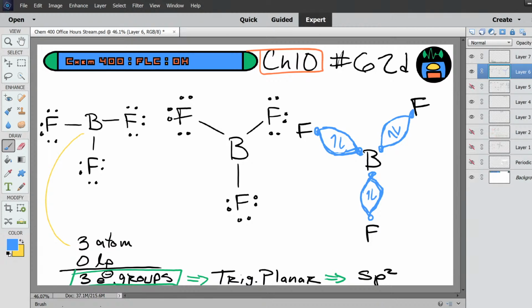All right, and then we're just going to add our lone pairs for completeness' sake.